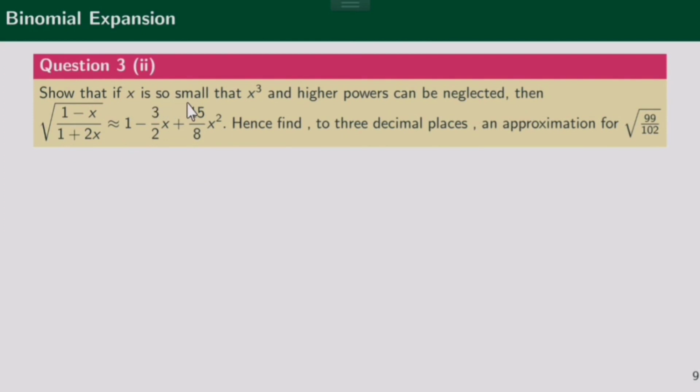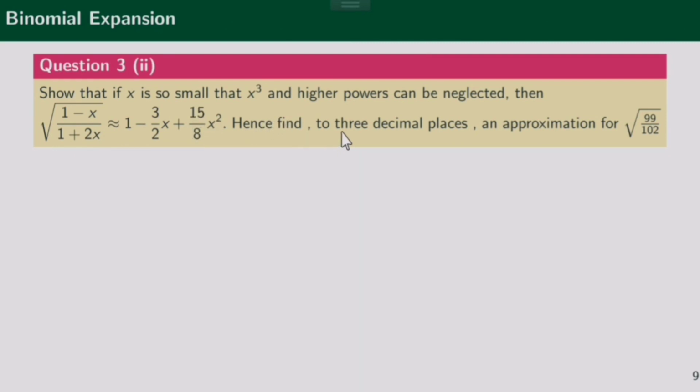Show that if x is so small that x cubed and higher powers can be neglected, then the square root of 1 minus x divided by 1 plus 2x is approximately equal to 1 minus 3 over 2 x plus 15 over 8 x squared.